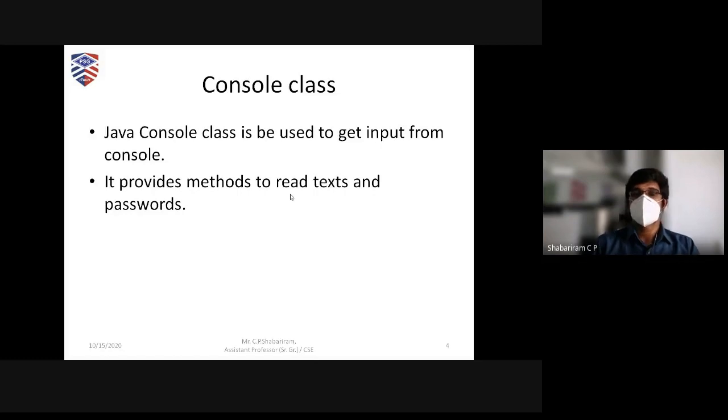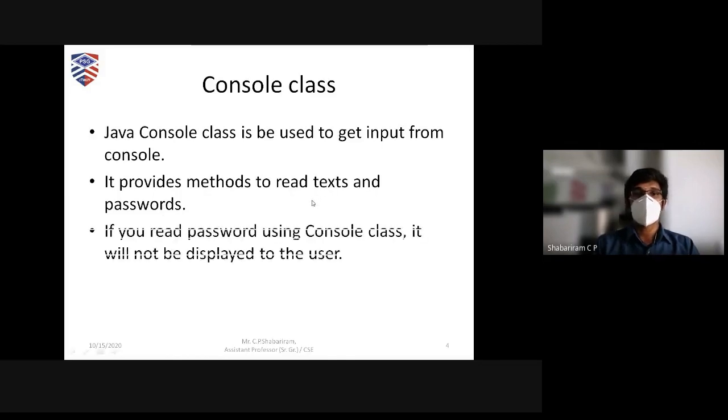You may simply read the text content from your console, and sometimes you may read the password from the console. If you read a password using the console class, for security purposes, the password is not displayed in your console. But as a Java developer, we can read the content using a Java String. That is the additional feature of this console class.